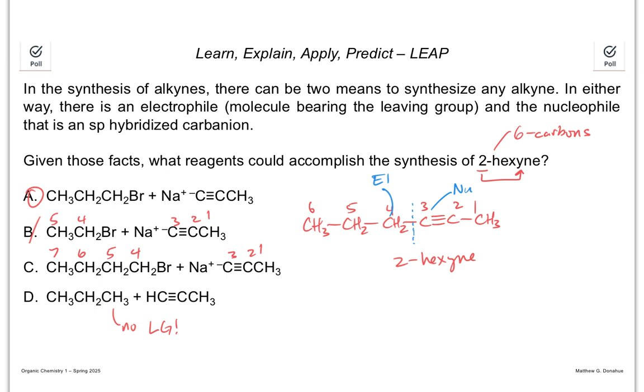The nucleophile has to have a lone pair, the electrophile has to have the leaving group. So that was one way, that's the blueprint for choice A.